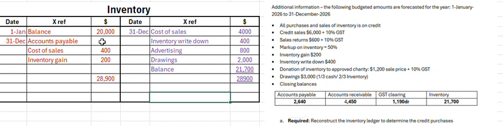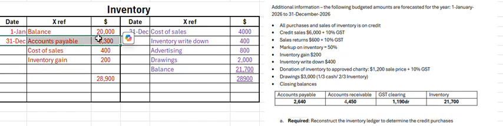And to work out our mystery figure, our credit purchases, we simply go 28,900 minus those 3 debit entries. And we've got $8,300 worth of credit purchases.